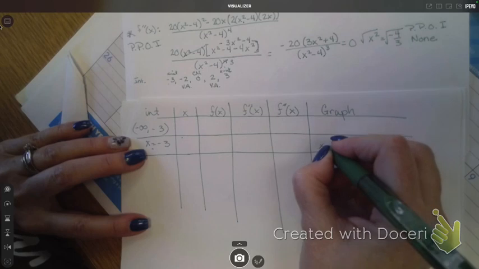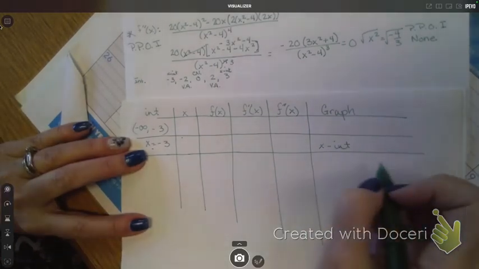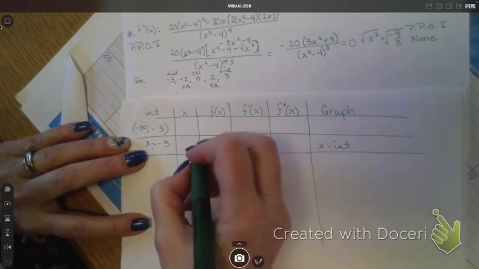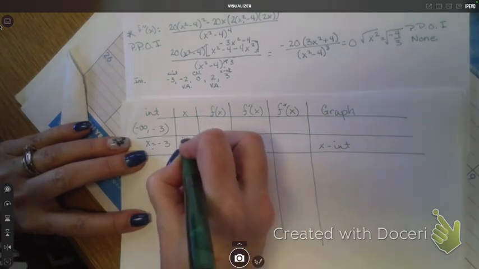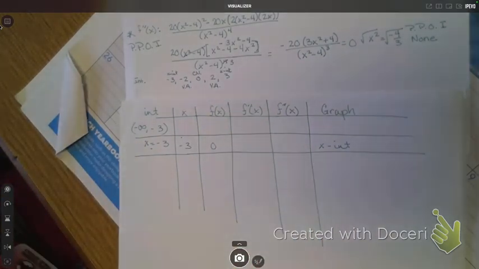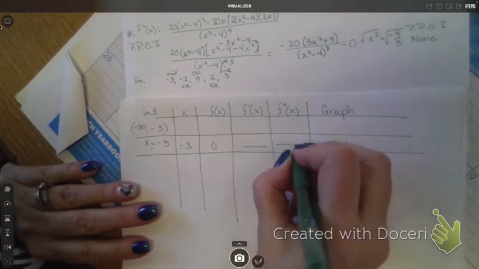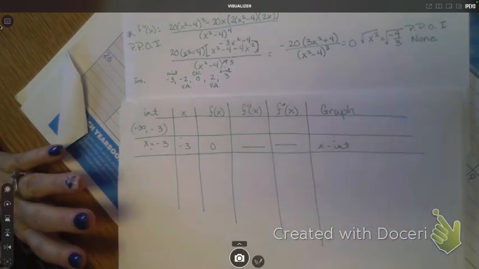So you're going to write x-intercept over here on the graph. So if it's an x-intercept, am I going to put it into any of this stuff? No. The only thing I would is maybe f of x, so I'd have 0. So it'd be -3, 0. Because that'd be the point, right? But everything else just has a line through it. And make it a big line so you don't think it's a negative.